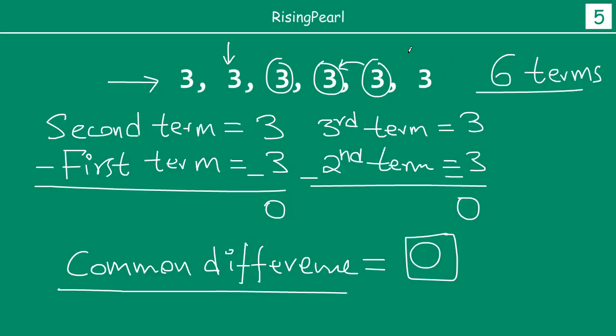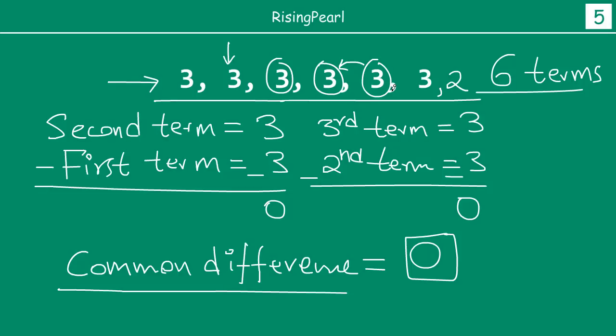Meaning that if I had a next term here, let's say just for discussion's sake, 2, then this would not be consistent, because 2 minus 3 would be minus 1, and 3 minus 3 is 0. So that cannot be.